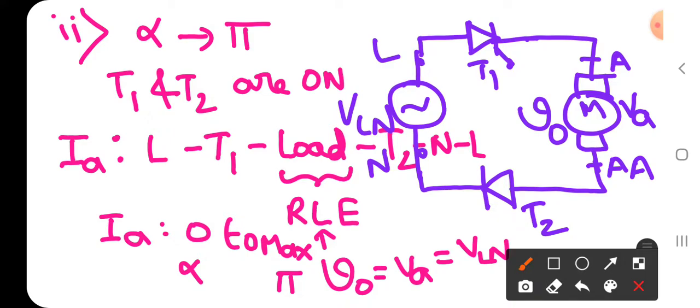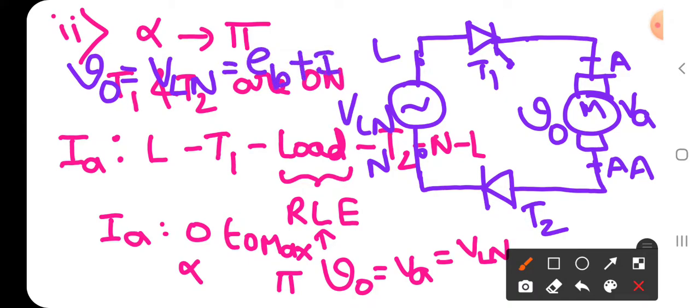So V0 is equal to VLN, which is equal to EB plus IA RA plus LA dIA by dt.